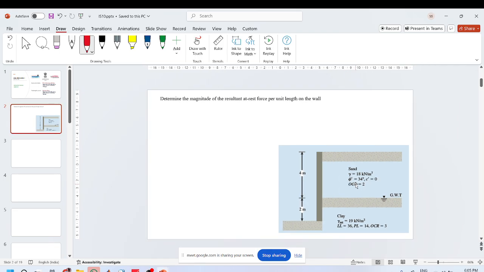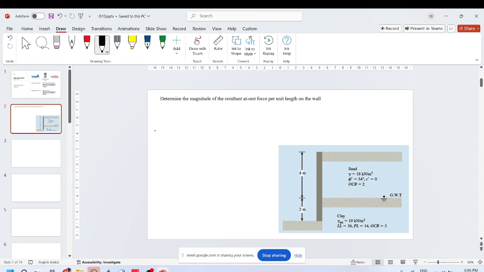So, we have to determine the magnitude of resultant at rest, in terms of force per unit length on the wall. At rest means that we have to use the K naught parameter because there is no active or passive pressure.